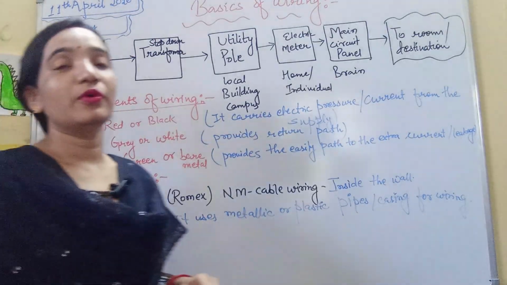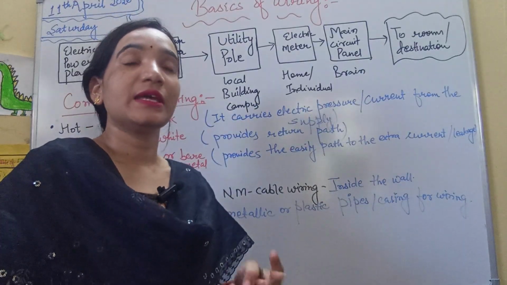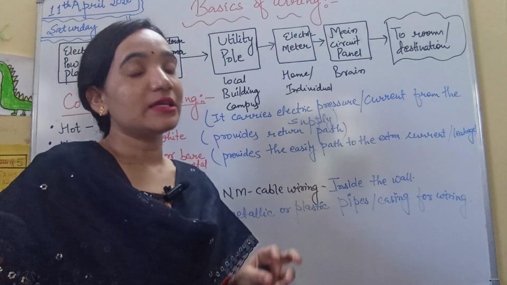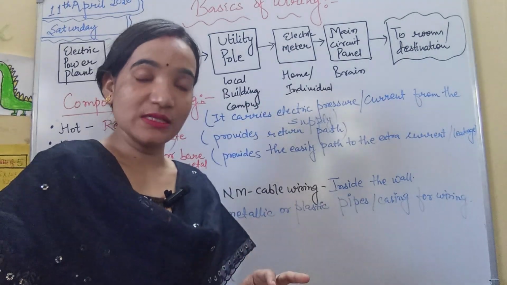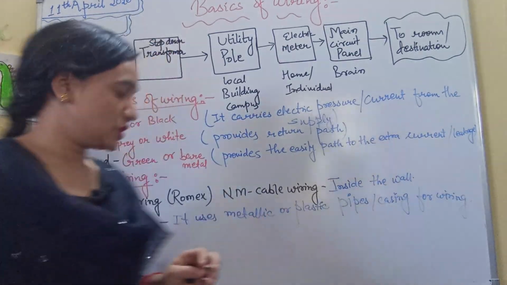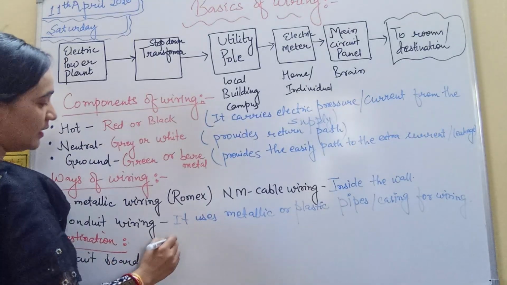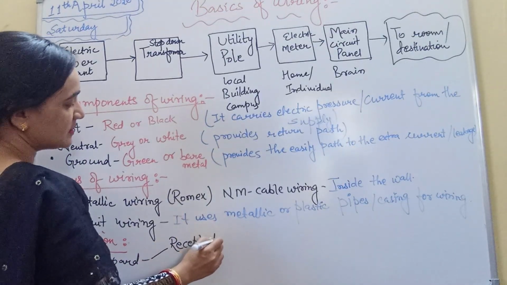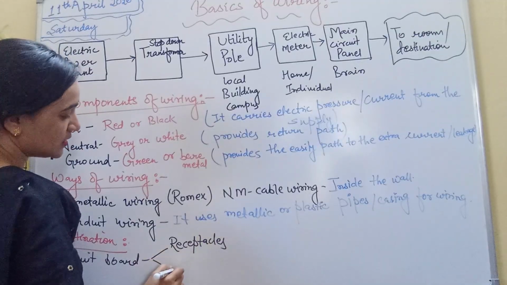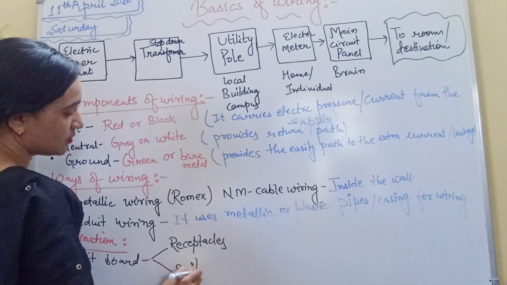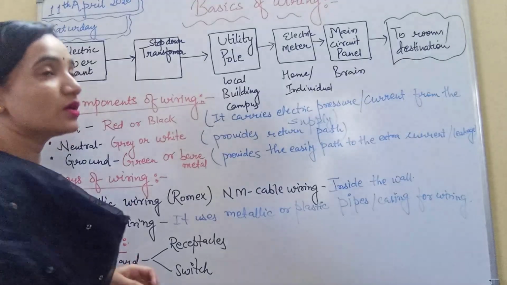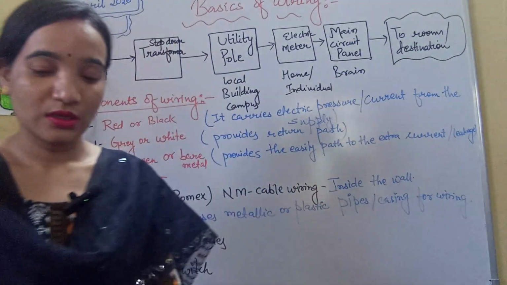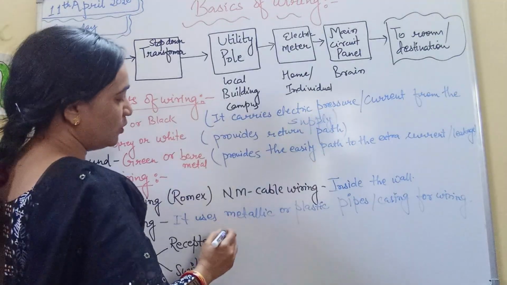In the circuit board, there are switches and sockets. One is called receptacles and the other is called switch. Receptacles have two connections.